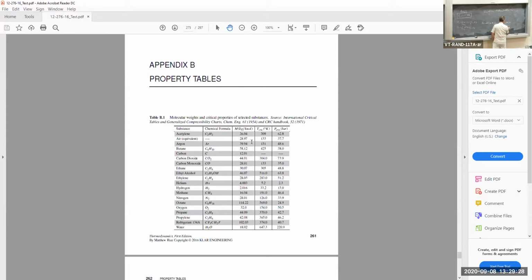The kilomoles cancel out and I get kilojoule per kilogram Kelvin, which is the unit for my gas constant. Temperature T1 is 500 Kelvin.